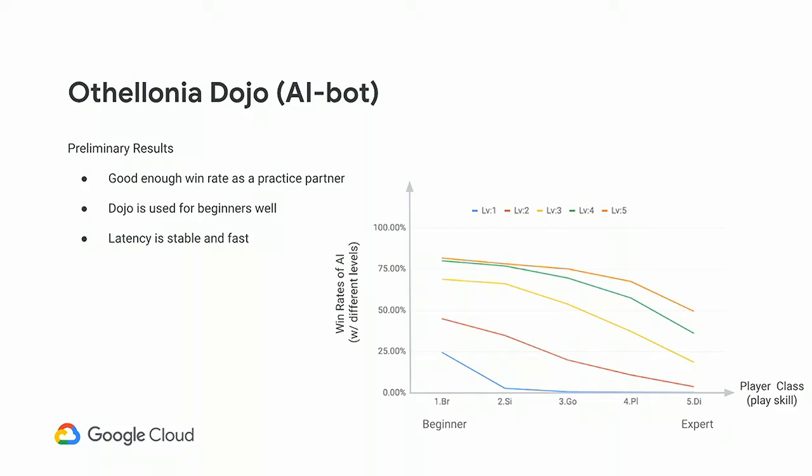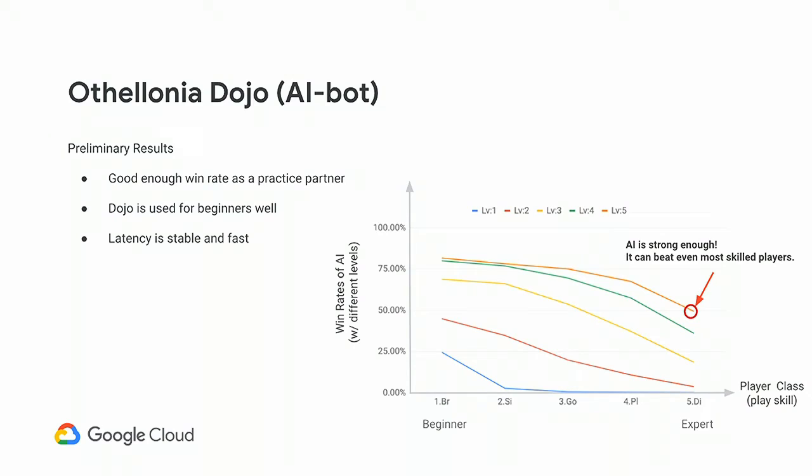So briefly, we will explain the evaluation of the deep learning AI bot. After the release, we are observing that our AI bot has a good enough win rate as a practice partner for beginners. This chart shows the win rates of AI against players.